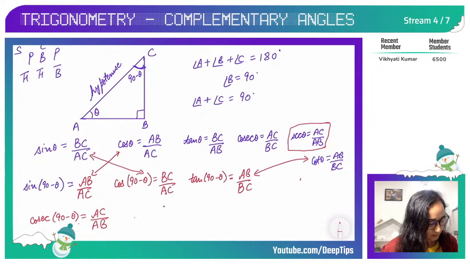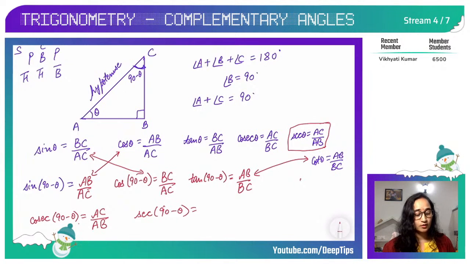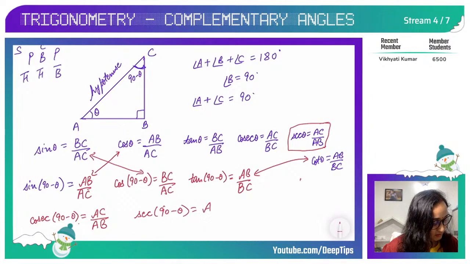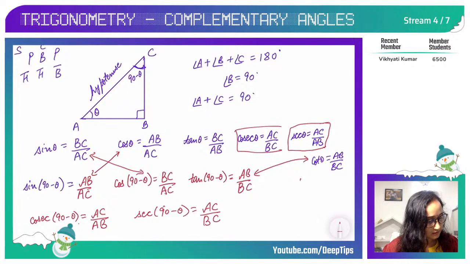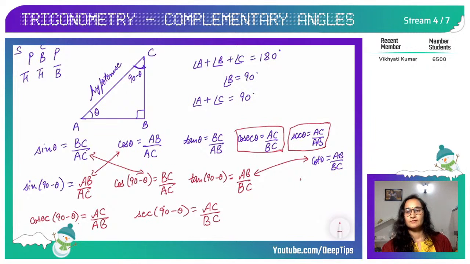Now we have secant 90 minus theta. Secant 90 minus theta will be the reciprocal of cos 90 minus theta. So I have cos 90 minus theta as BC by AC. So secant 90 minus theta is AC by BC, which is the same as cosecant theta, right?